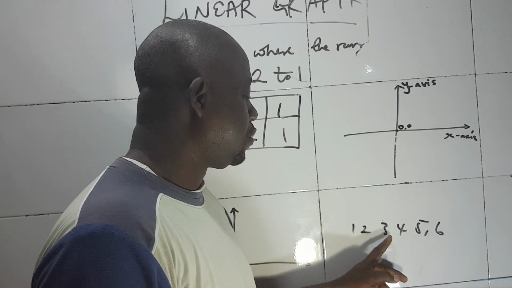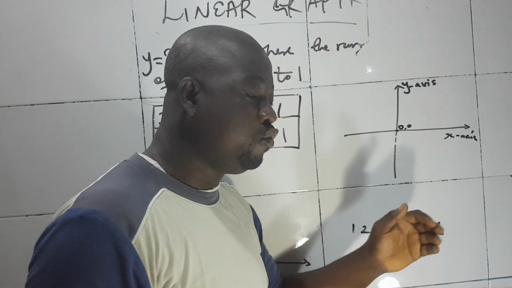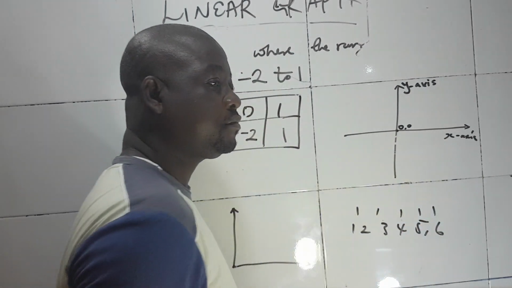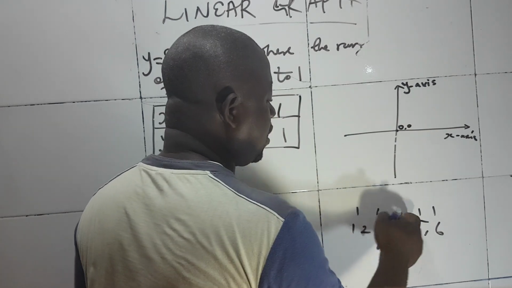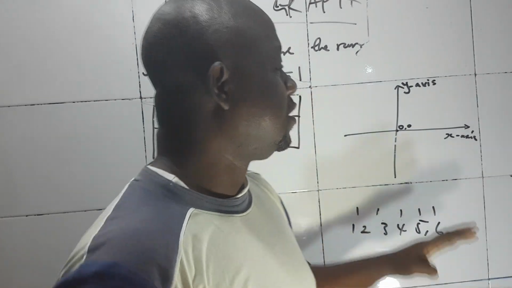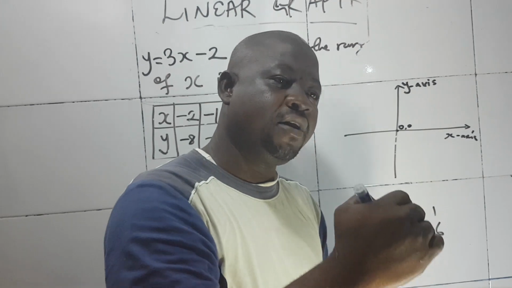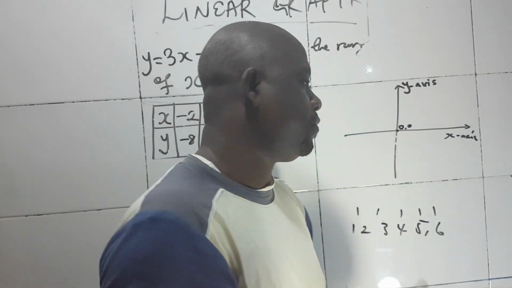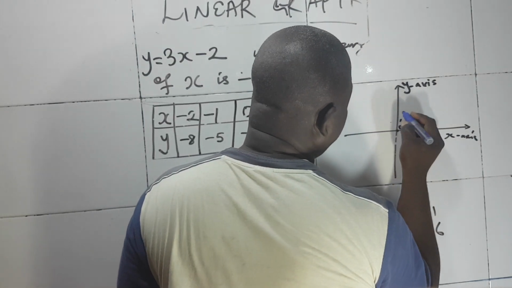If I subtract 2 from 3, 3 from 4, 4 from 5, the value will always be the same: 1, 1, 1, 1, 1. We say the common difference is constant. The same thing we apply here: in your y-axis, the common difference has to be constant. So if I put here 1, what must follow it?